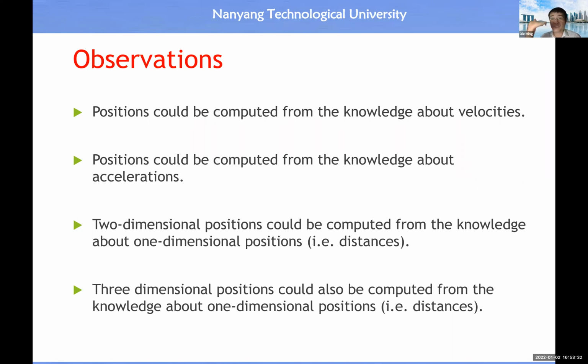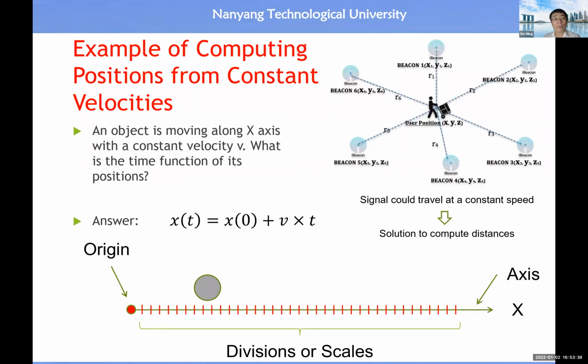Now I'm going to show you the detail for each of these four scenarios. For example, we could consider this special case of velocity. We know that the velocity of a moving object is constant, or the velocity of a moving signal is constant.